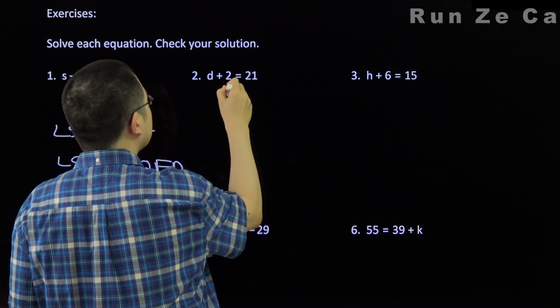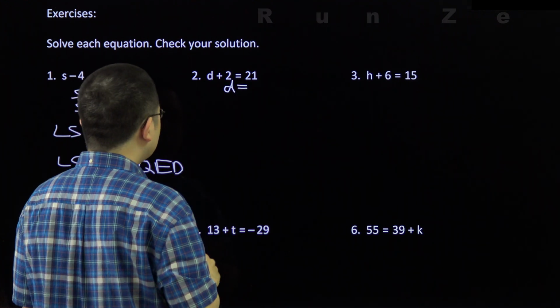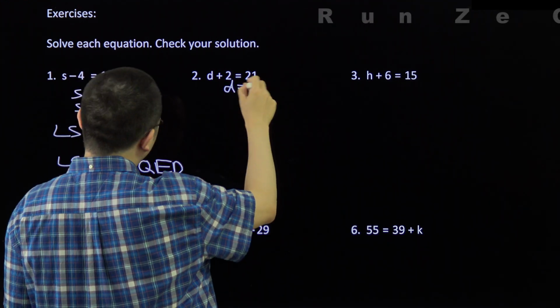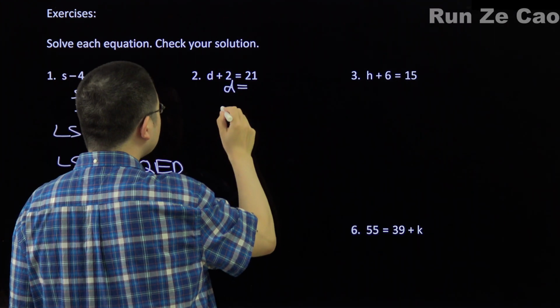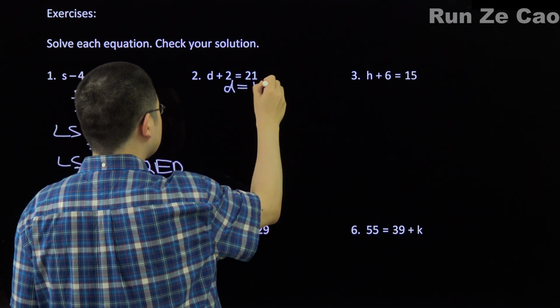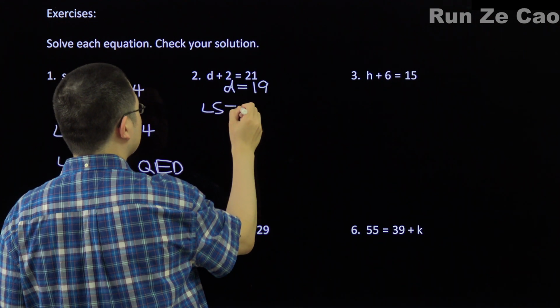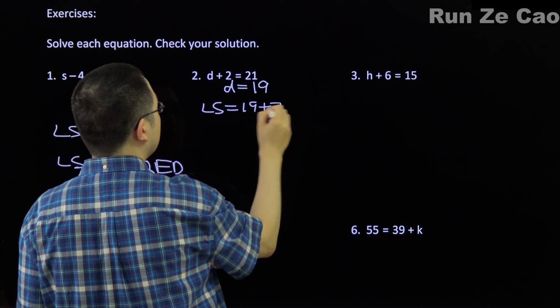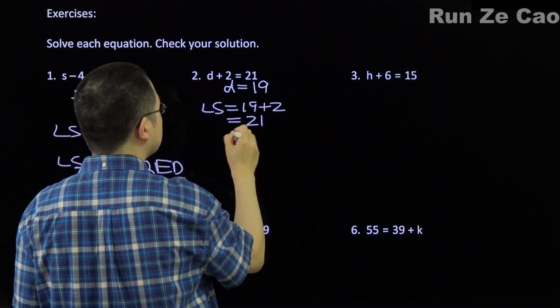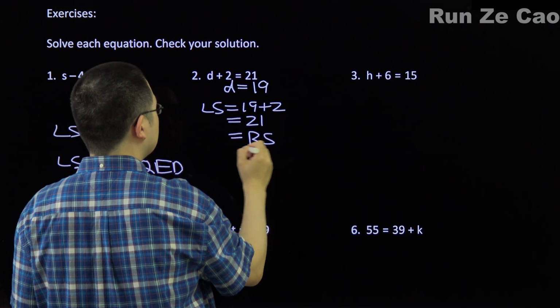So d plus 2 equals 21. Look, you can write 21 minus 2, but really here you can just go with 19 as far as I'm concerned. The left side is equal to 19 plus 2 equals 21 equals right side.